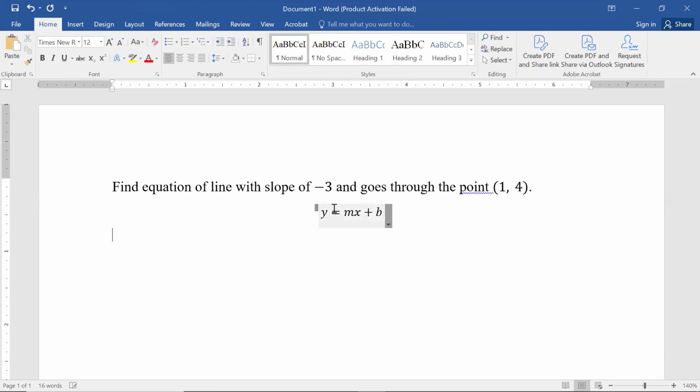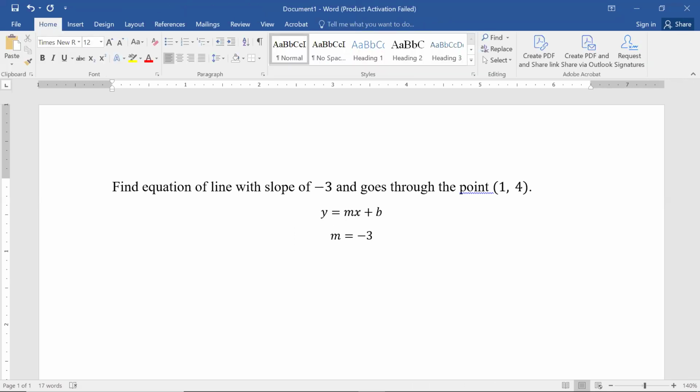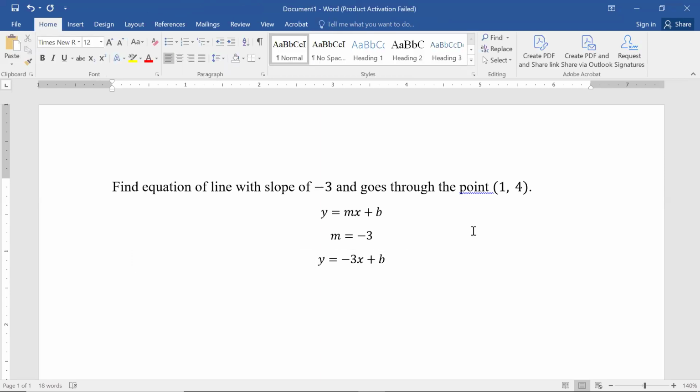I write down the type of line I'm looking for, which is slope-intercept form. There are other forms of the line that you could use, but I'm going to use slope-intercept form every time. My slope is -3, so I know that my m is -3. That means my equation is going to be y equals negative 3x plus some unknown b. At least it's unknown for right now.